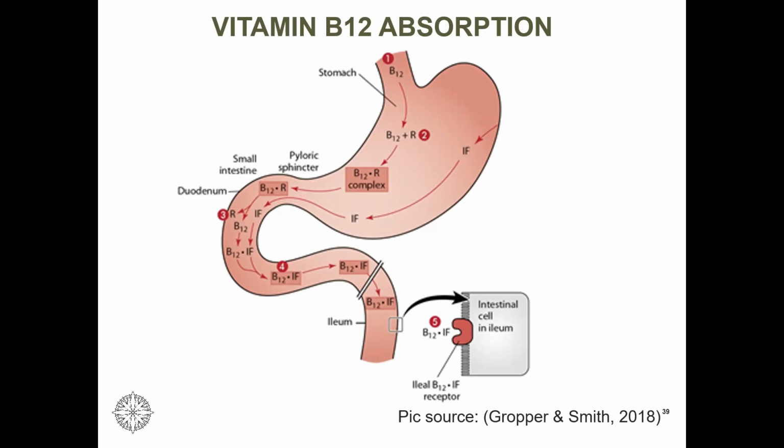Now remember, B12 is a special vitamin because it is required for DNA synthesis. So at every step, the body tries to protect it because it is sensitive. It can be attacked or degraded by other enzymes and by pH or hydrochloric acid.